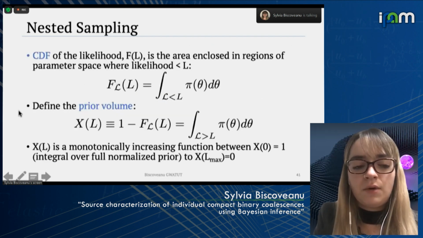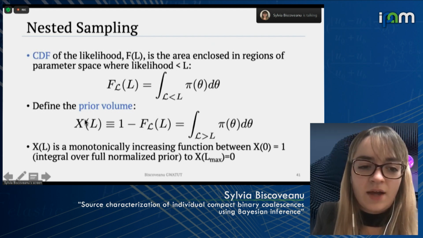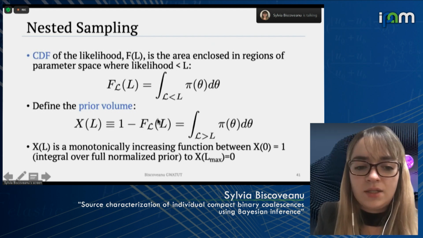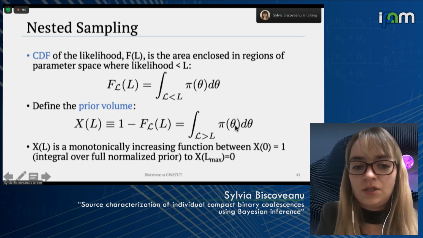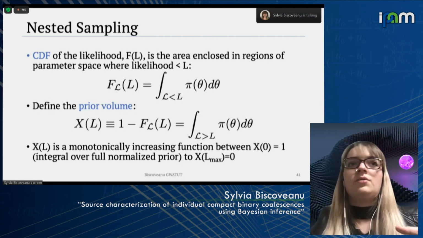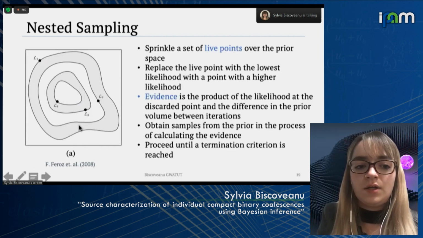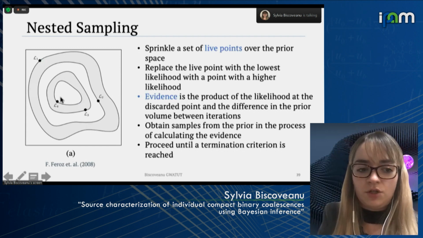And so we can define a quantity called the prior volume, which we will denote with X of L, and this is just 1 minus this CDF. So this is the area enclosed in regions that have a likelihood value higher than L. So it would be basically all of this region here for L2.